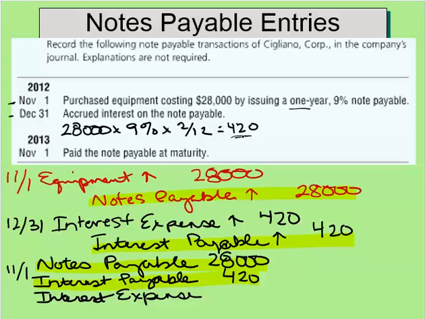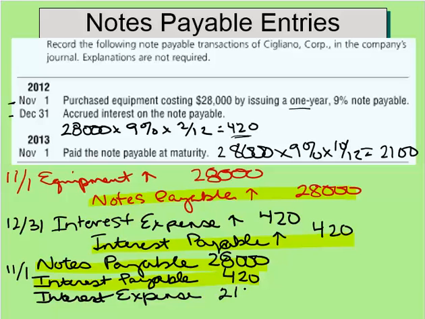Between this last date when I made an entry to record the interest, we have now 10 more months worth of interest. So we take 28,000 times 9% times 10 over 12. We should get $2,100 worth of interest that we've incurred and that we're going to pay.